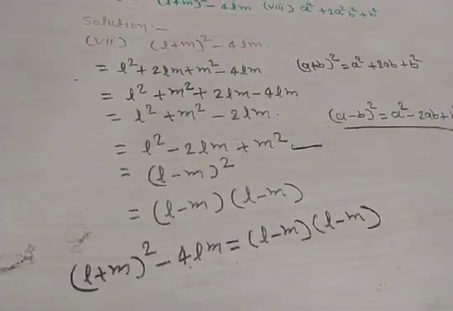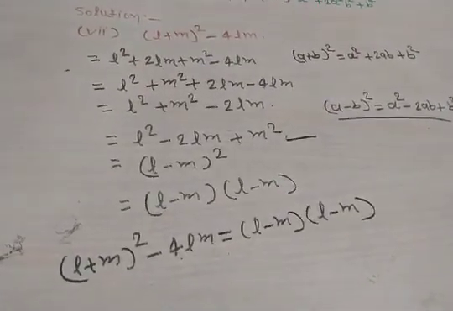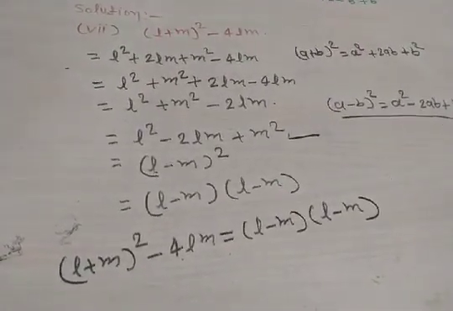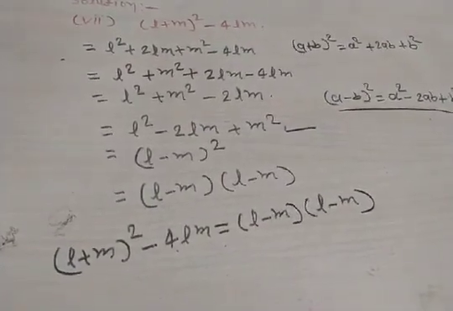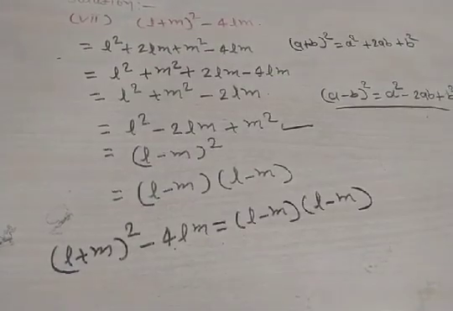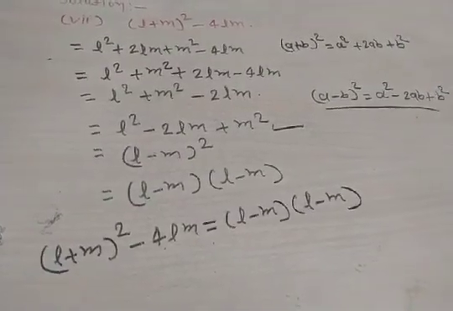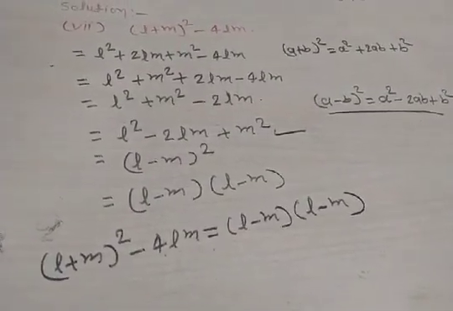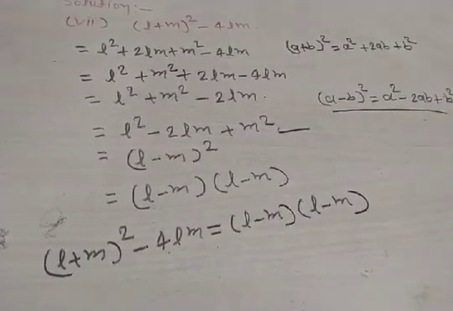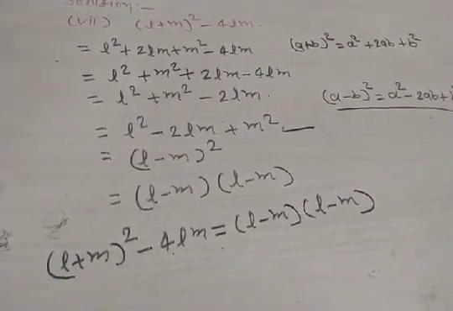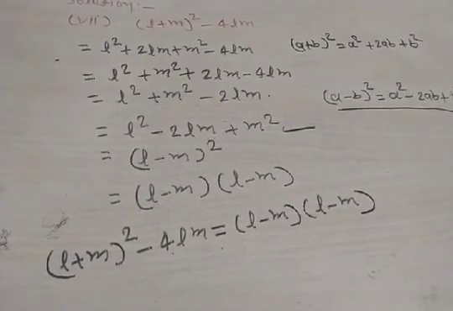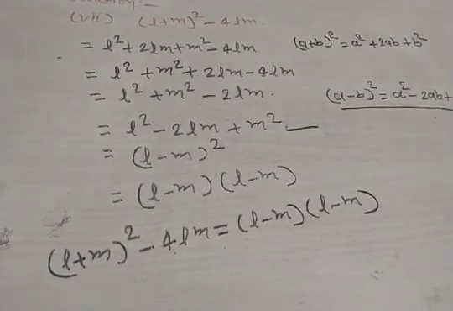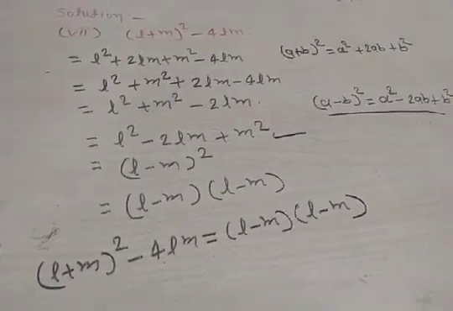First we use the first identity, the whole square of A plus B, and next we use the second identity, the whole square of A minus B. Clear? In this way we find the factorization of the whole square of L plus M minus 4LM is equal to L minus M into L minus M. This is clear?